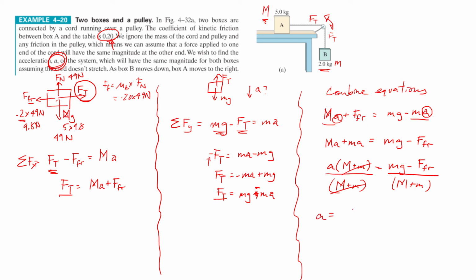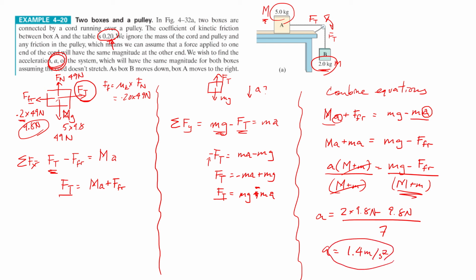A is equal to little m times g, that means 2 times 9.8, minus the force of friction. The force of friction we already found to be 9.8, both in newtons. And then we're going to divide that by the sum of the masses, so that's 5 plus 2, divided by 7. So A is basically 9.8 divided by 7, which is 1.4 meters per second squared.